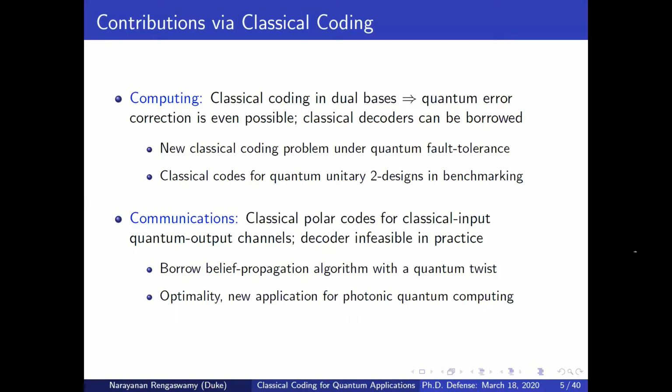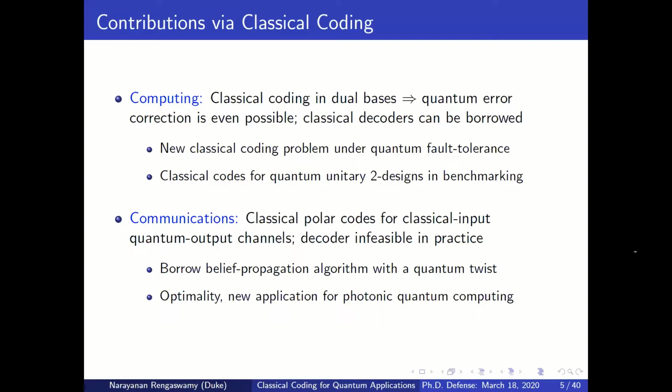So this is another exciting classical coding connection. And then I'll also show that if you want to benchmark quantum systems, then you can use classical codes in a different way, where you're not necessarily performing error correction in the quantum case, but you're still using these coding ideas to help you benchmark quantum computers. I'll only briefly talk about that.